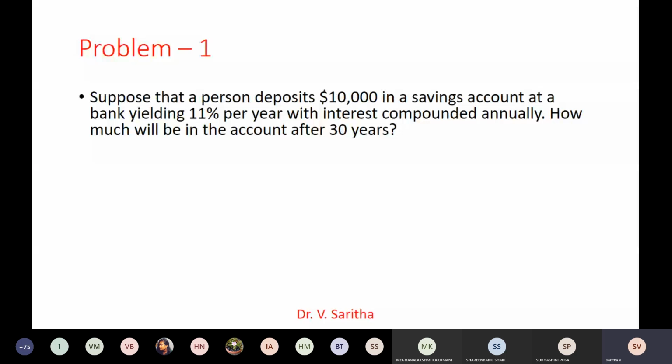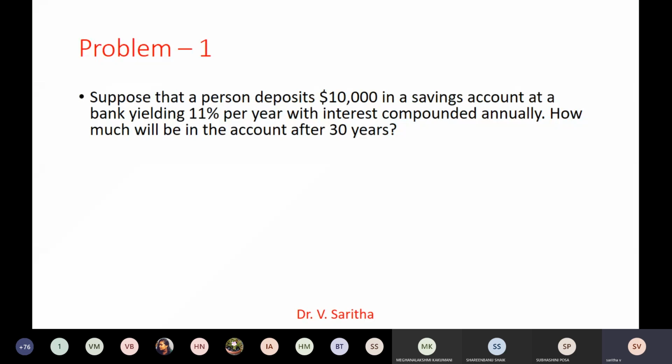How will you express this particular question in the form of a recursive function? The first point in solving this question is how to express the recursive function for the given problem. Say P0 is the principal, or present amount, that is $10,000.